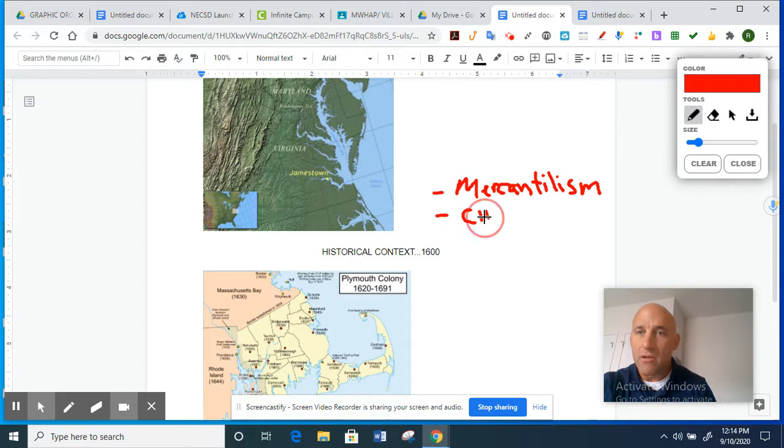on in Europe. Okay, this is post feudalism. This is post the bubonic plague of the 1300s. And Europe was really an unsettled place at this point.